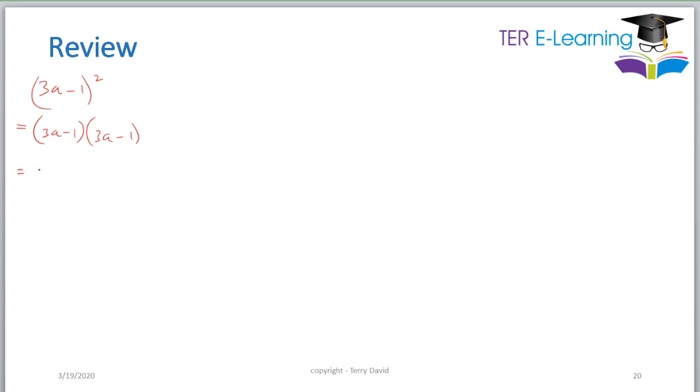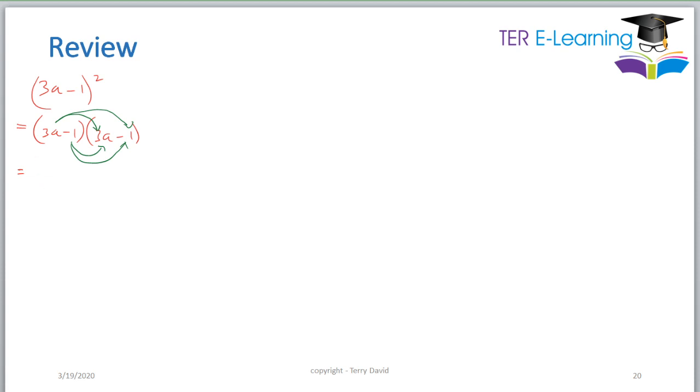So we had a question just now where they wanted us to expand and simplify, which is what we're going to do here. So what we need to do, if we have two brackets to multiply, we're going to take this first 3a and multiply by this. Then we're going to take that 3a and multiply by this. We also have to multiply minus 1 by this and minus 1 by this, right?